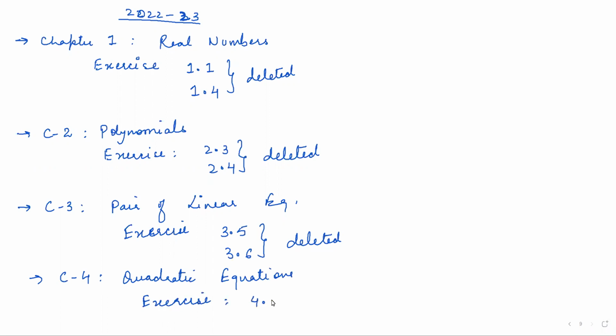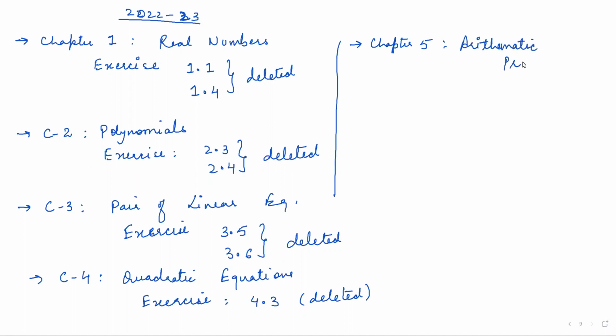Exercise 4.3 is deleted. Now chapter number 5, which is arithmetic progression. There is no reduction. This will come in full. There's no reduction here.